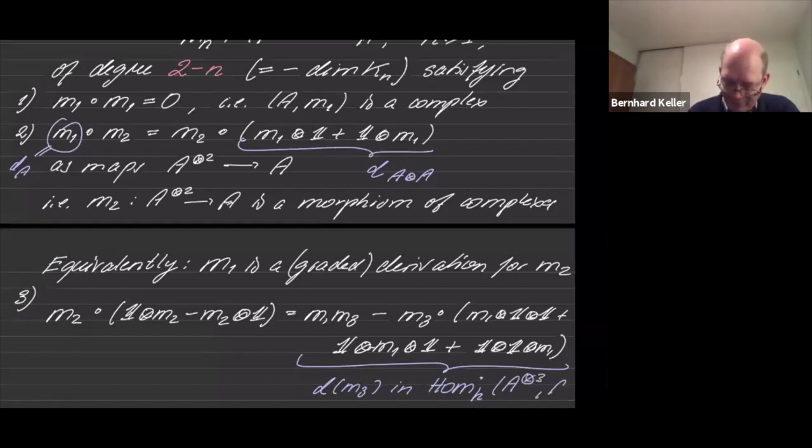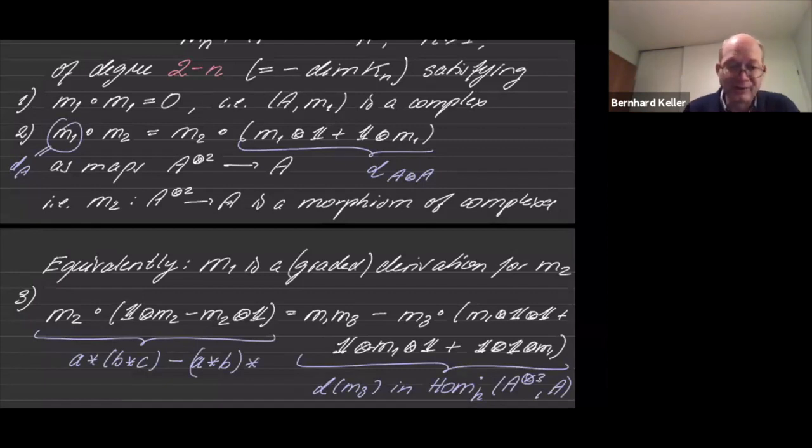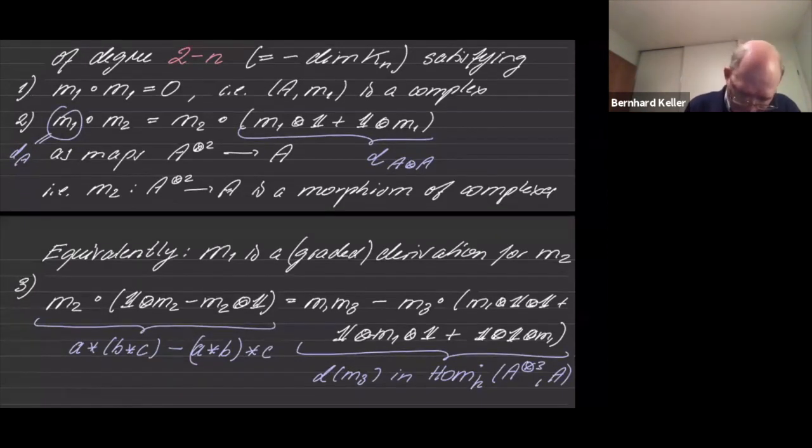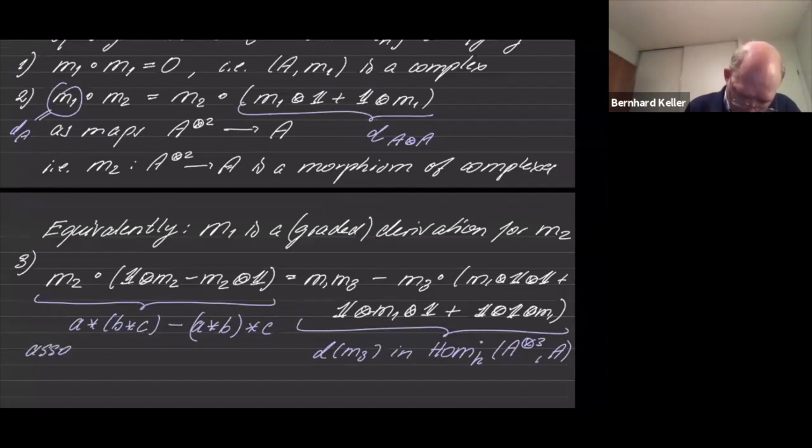to A. And this, if you write it for elements of degree 0, then it says that A star B star C, it's this difference, A star B star C minus A star B, M2 tensor 1, and then M2 star C. So this is the associator for M2, which I have written as star.